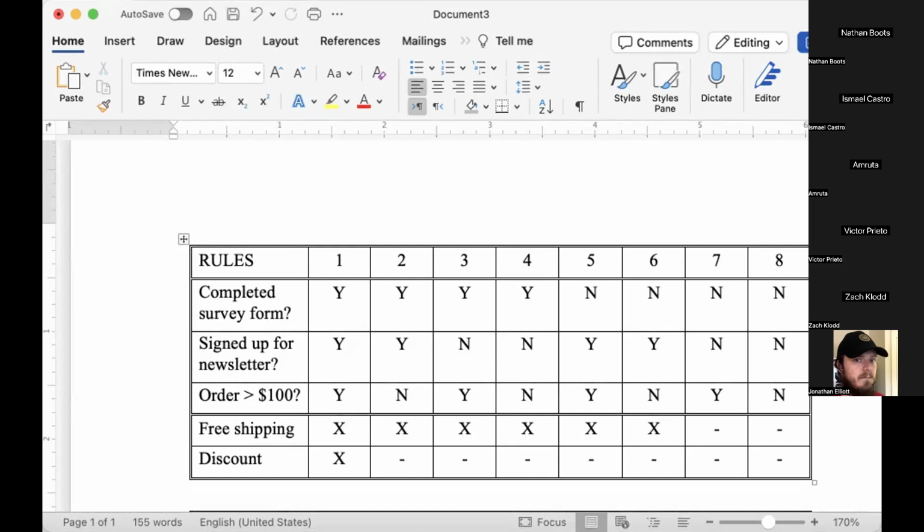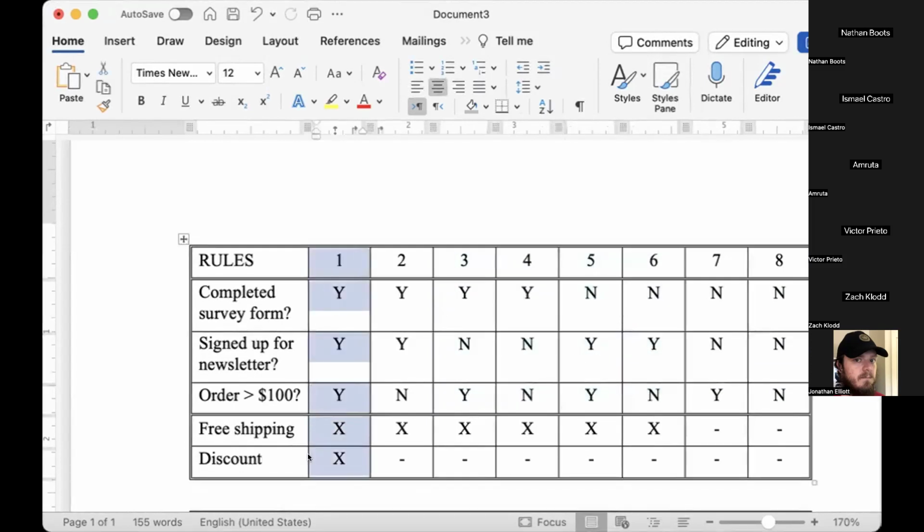From the setup, we realize that if you do not sign up for any of the 2 newsletters, then your order amount doesn't matter. So basically 7 and 8 are 1. Similarly, if you look at 3 through 6, there are some variations, which we'll look at in just a minute. But let's look at number 1.